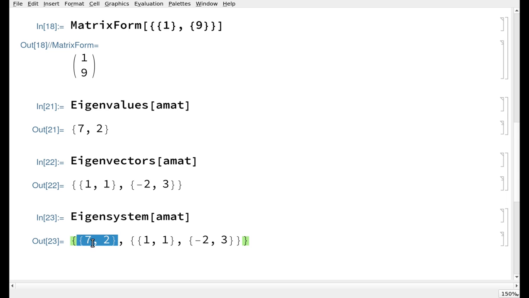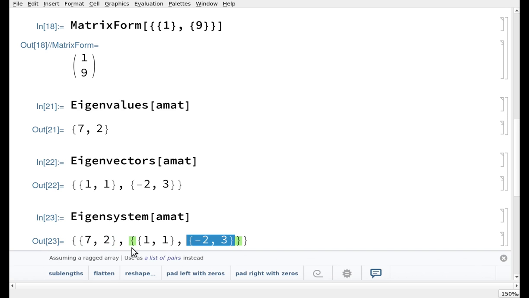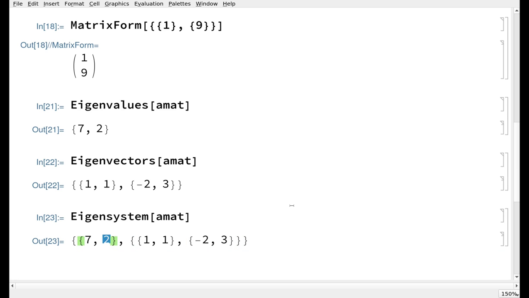This can be a little confusing to read, but the first list is the list of eigenvalues, and the second list is a list of the corresponding eigenvectors. So this is a list of lists. The first list here is basically the eigenvector 1, 1 that corresponds to the eigenvalue 7, and the second list is the eigenvector negative 2, 3, which corresponds to the eigenvalue 2.